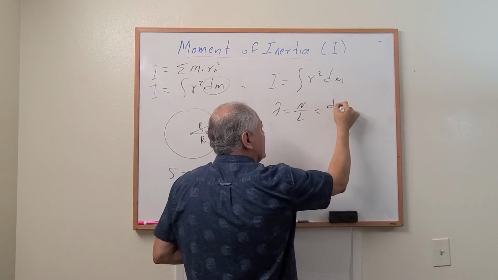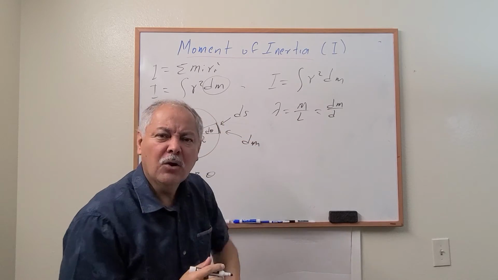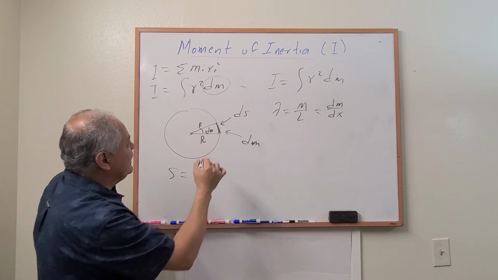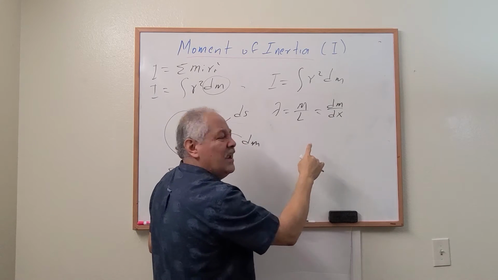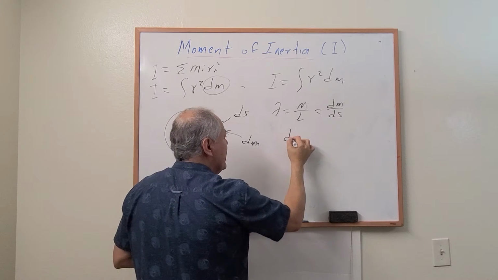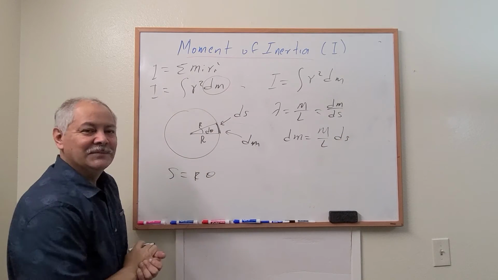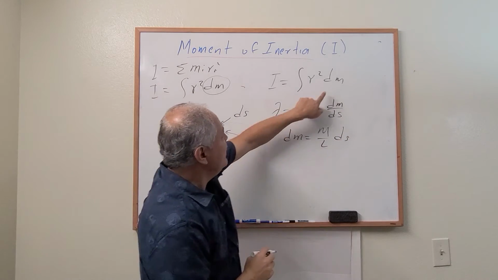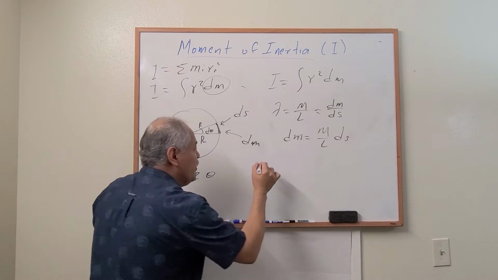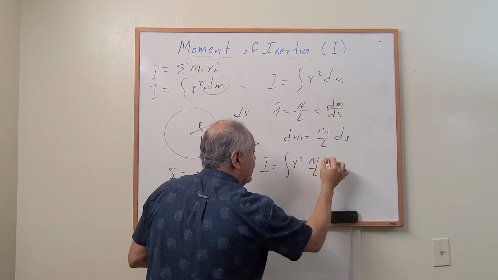So we can call this length L, or X in 1D, or in this case S, the element of length. Now we can solve for dm. dm is the total mass over L times ds. Then we plug this value in, so the moment of inertia is equal to the integral of r squared m over L ds.